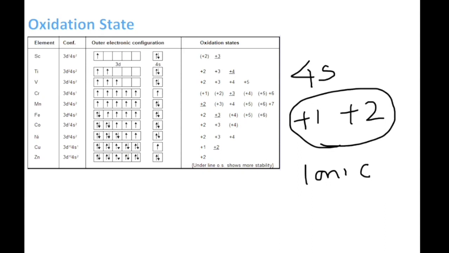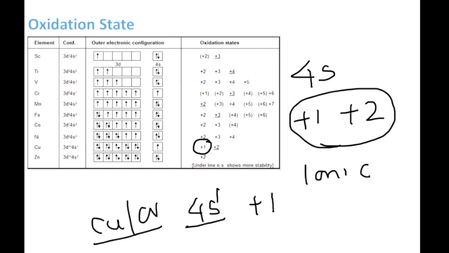Look at copper, the outer configuration is 4s1. So it can show +1 state. Chromium also shows +1. Copper and chromium, 4s1, they can show +1 state. But chromium +1 is highly unstable.